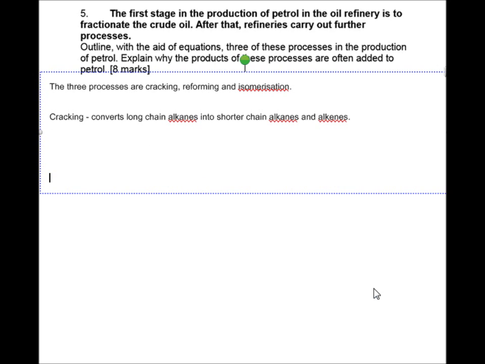Stating that isomerization converts straight chain or unbranched hydrocarbons into branched alkanes will be your 3rd mark.